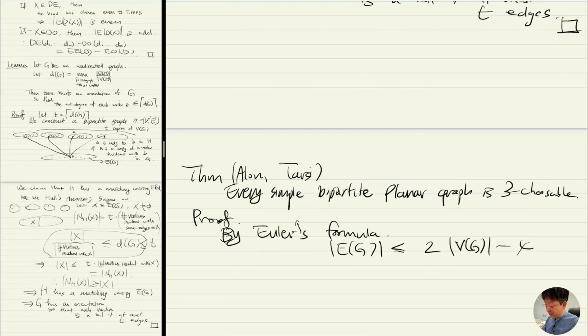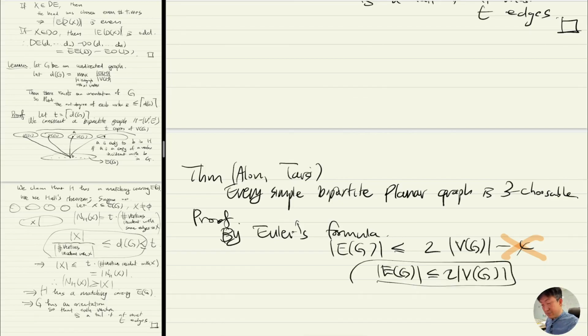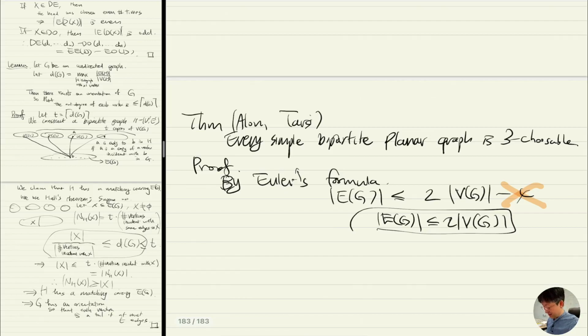This inequality is false if you have 1 or 2 vertices. So let me ignore this minus 4, then it's true for every planar bipartite graph. So this means that D(G) is at most 2.